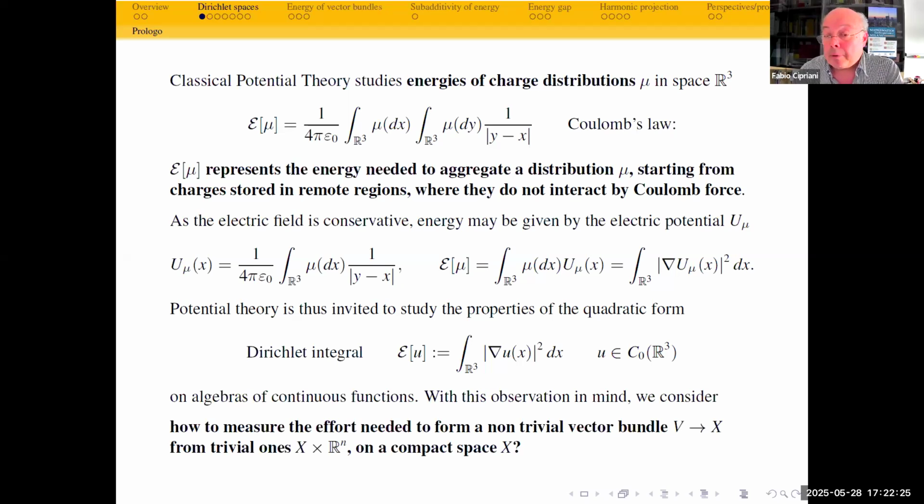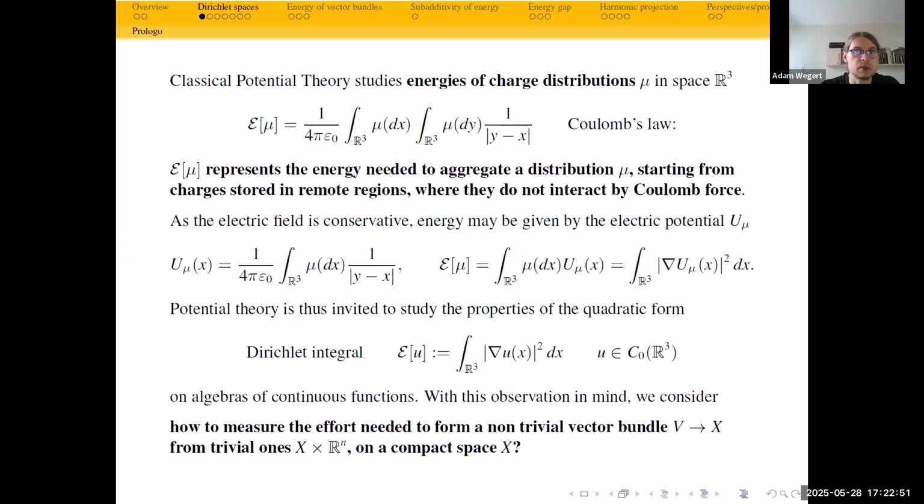This depends upon the distribution. For certain distributions, the energy is finite. There are other distributions, for example the Dirac measure placed in a point, for which the energy is not finite.